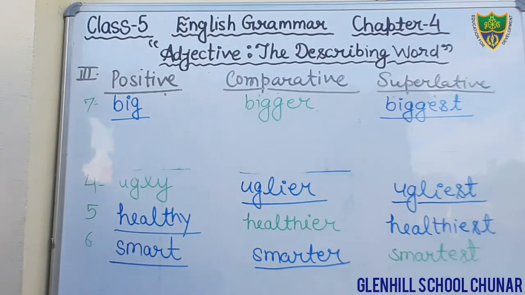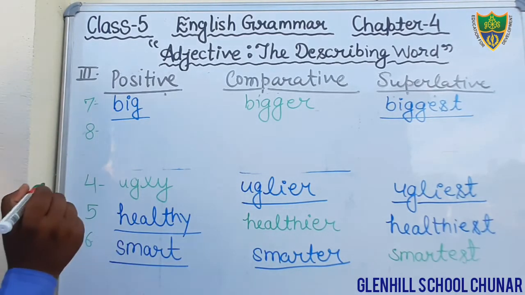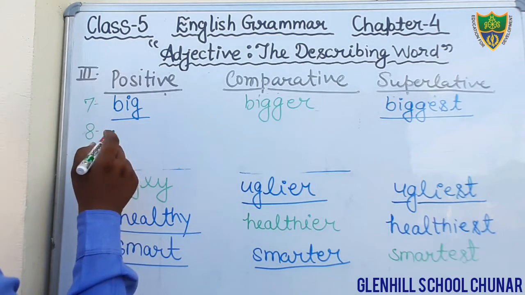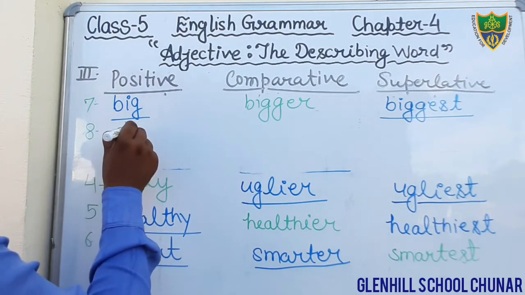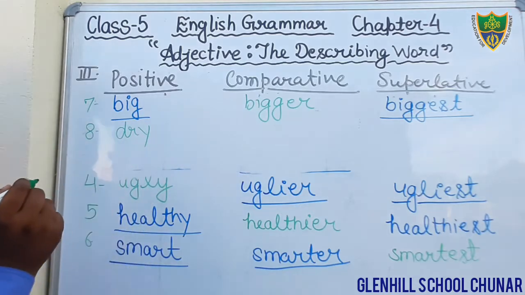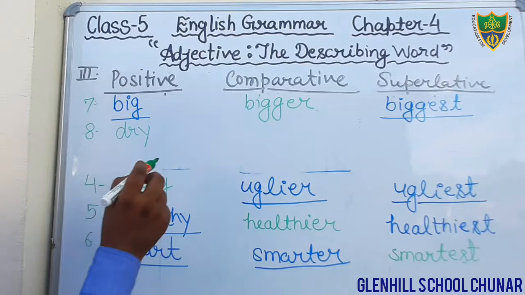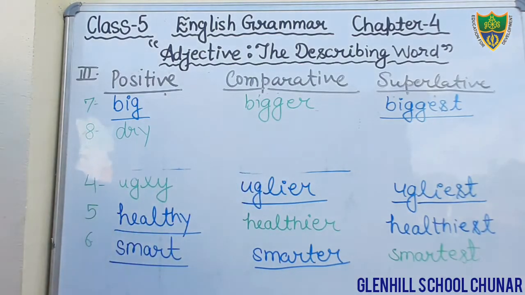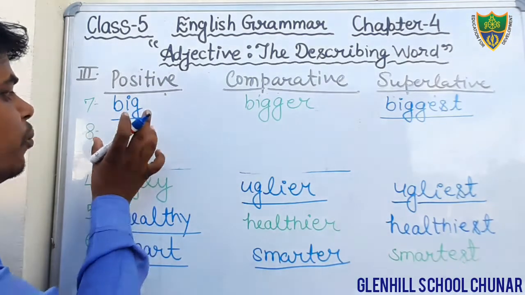Question number 8. What is question number 8? Let's see. Dry. The word dry is given. Okay, you have to fill what? The comparative form and superlative form. The positive form is dry.